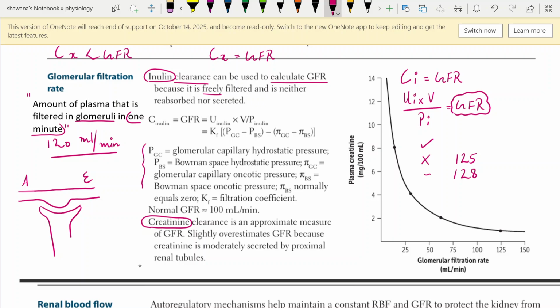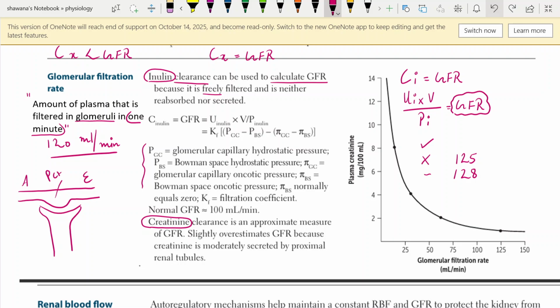First, we have to discuss which pressures favor the filtration and which pressures oppose the filtration. First is the capillary hydrostatic pressure. It is a favoring force for filtration because it pushes the contents from the capillary into the Bowman space, so it's good for us.